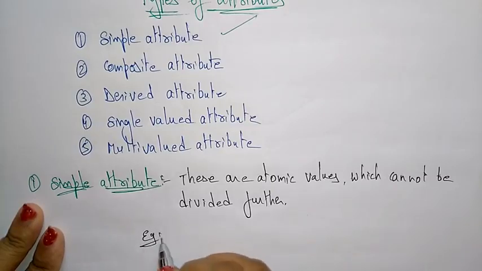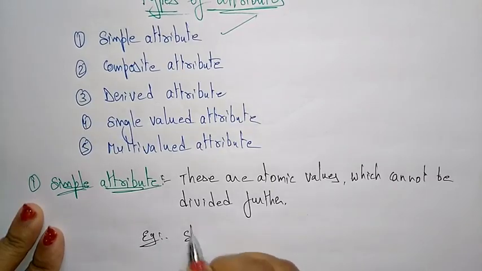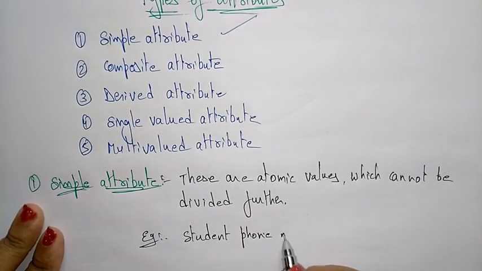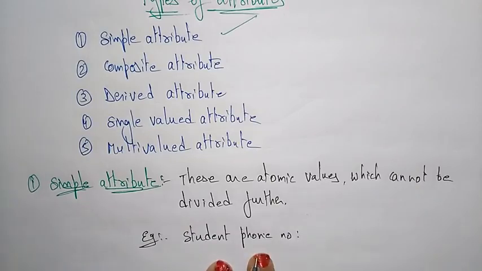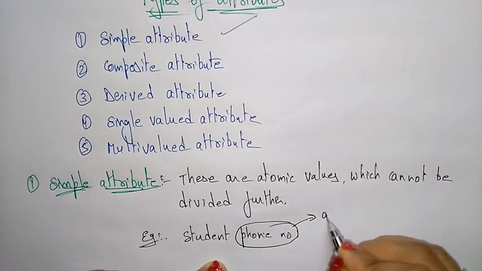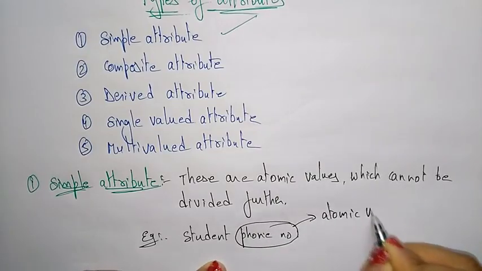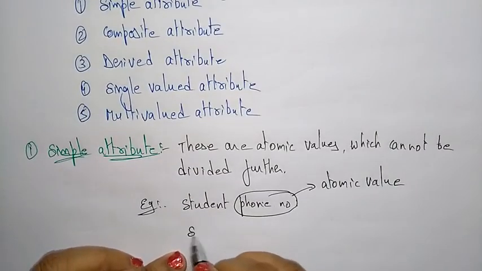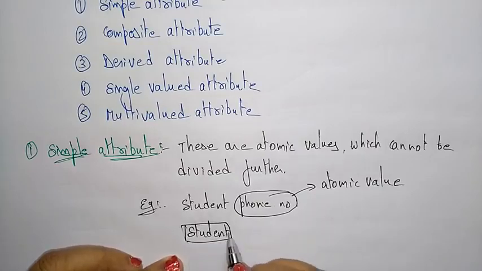Example for this: if you take a student phone number, you cannot divide this phone number into subgroups. The phone number is an atomic value. In the same way, a student has some age.